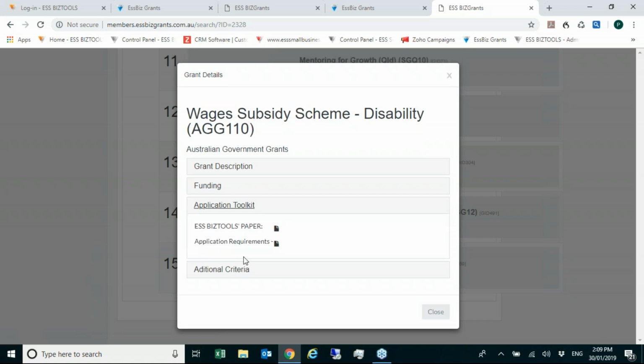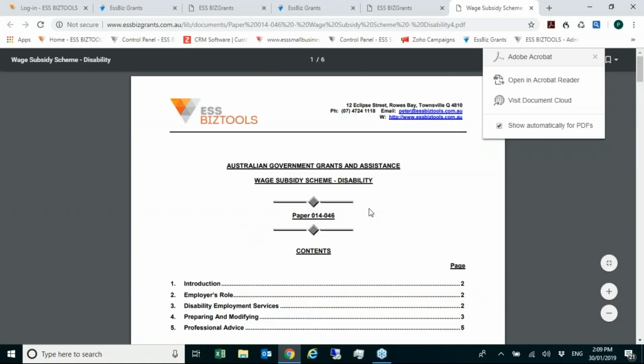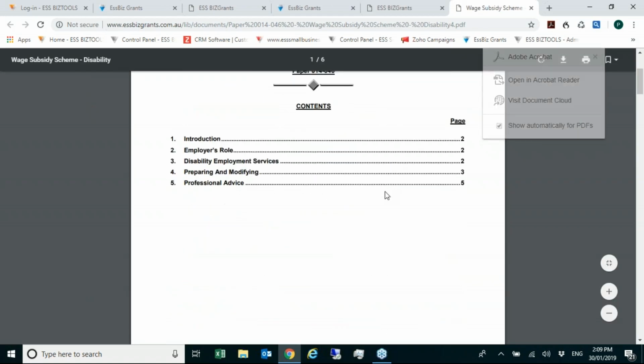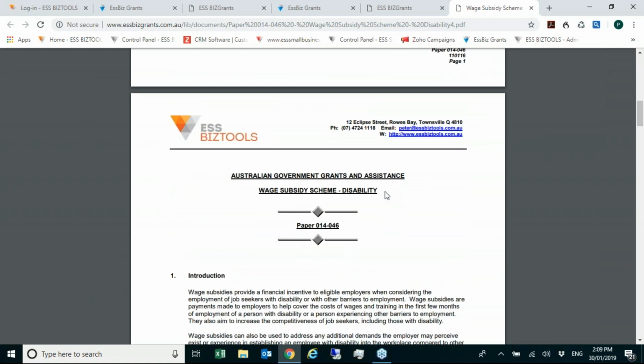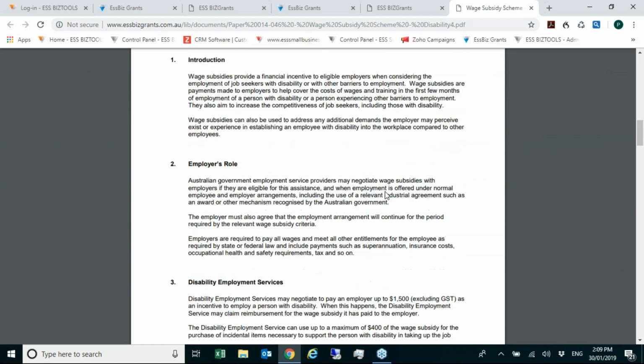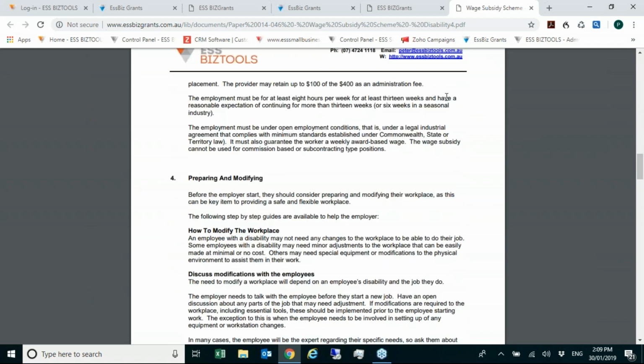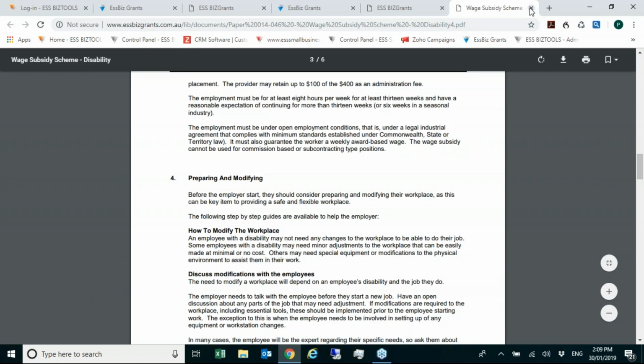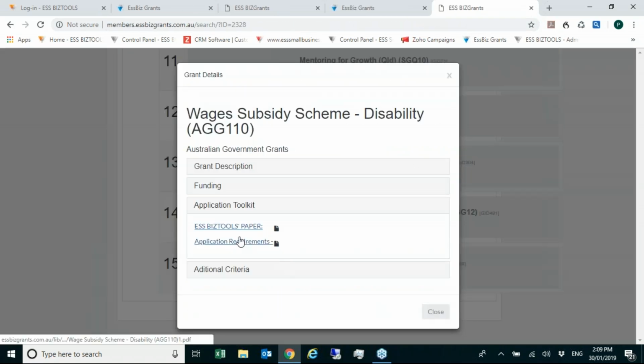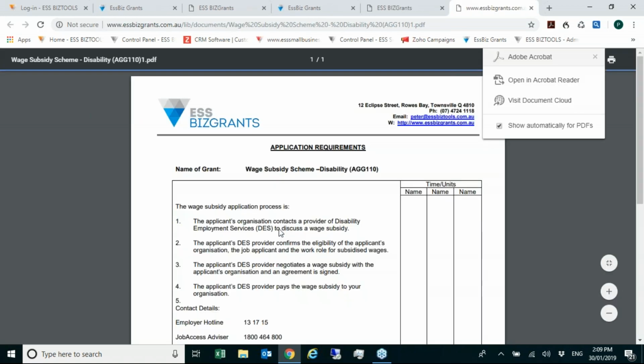We have an application toolkit. The first thing you click is the paper, and that will give you a commentary on what this grant's about, which you could print for your client and show them. We've also prepared application requirements.